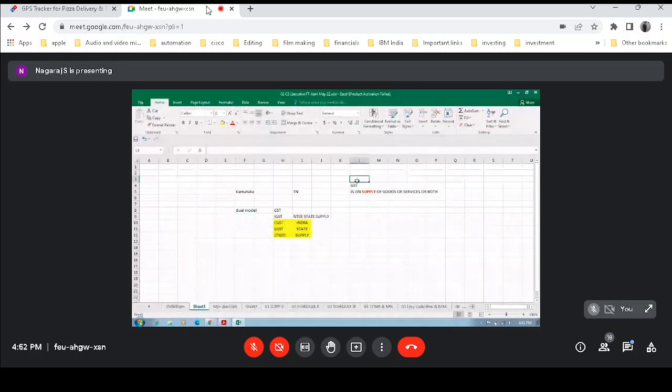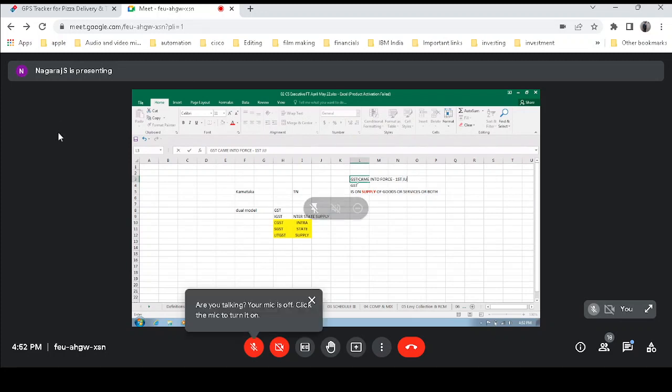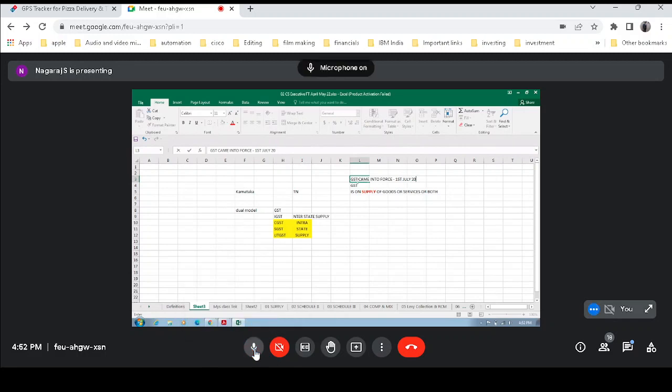When did GST come into force? 1st July 2017.